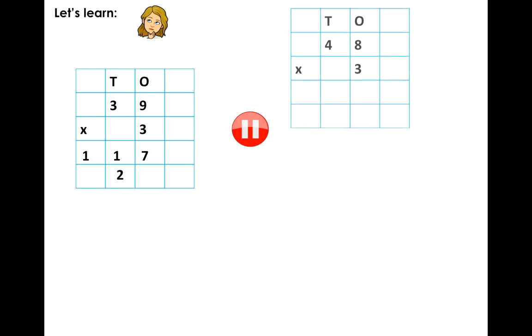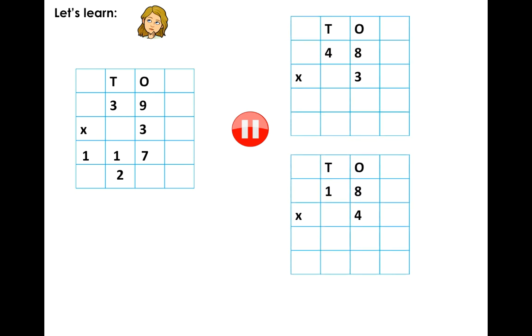Next, we do the 3 tens multiplied by the 3 ones, which gives us 9, and we add on the 2 tens to give us 11 tens in total. Okay, so 39 multiplied by 3 is 117. Okay, brilliant.